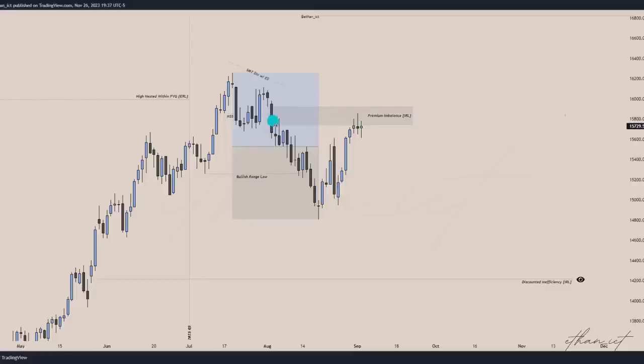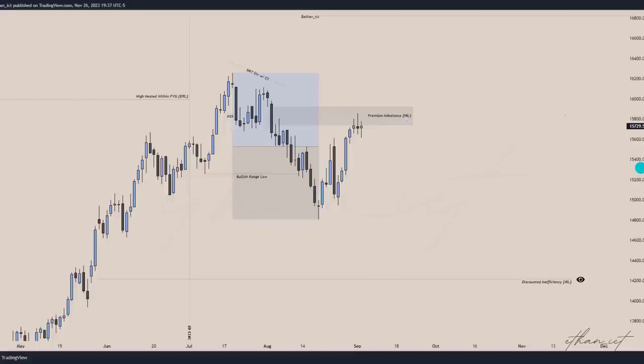So this inefficiency or imbalance after purging external range liquidity, which would be this bullish range low initially, we trade lower into this low, start trading higher, looking for that internal range liquidity, right? So external range liquidity back to internal range liquidity.